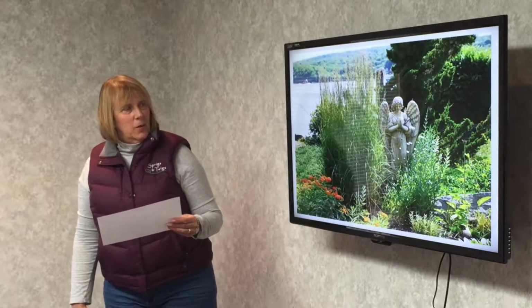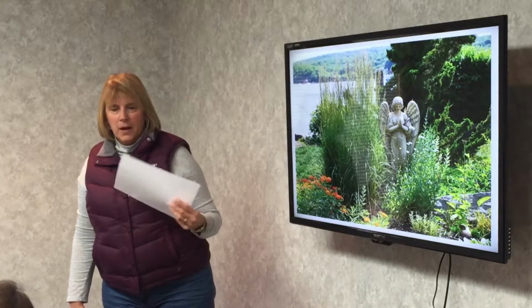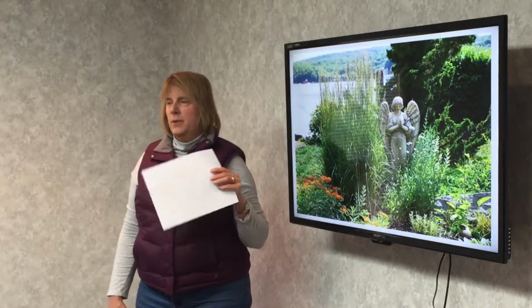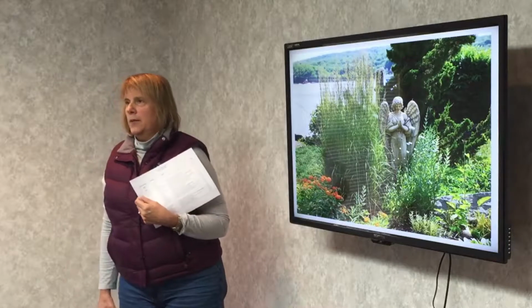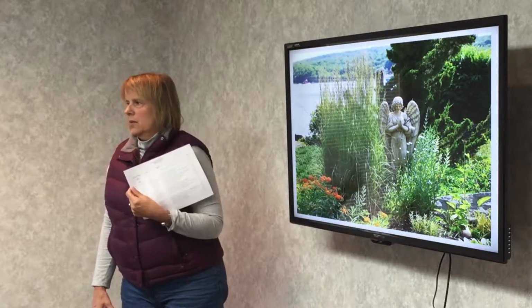But just to give you an overview of what a native plant is, it could be a perennial, it could be a ground cover, it could be a tree or a shrub. It is a plant that co-evolves with various pollinators: bees, birds, butterflies, squirrels, chipmunks, whatever.